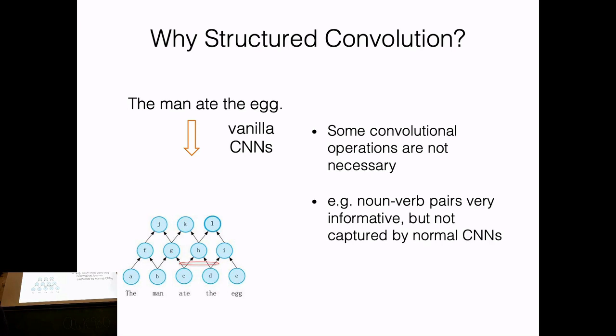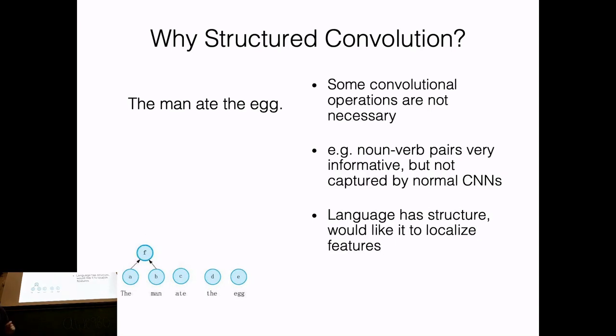However, most of the time some convolution operations are not necessary. Some combinations are redundant, and you shouldn't take them into consideration. For example, noun-verb pairs will be more informative. Other interactions, you could ignore.